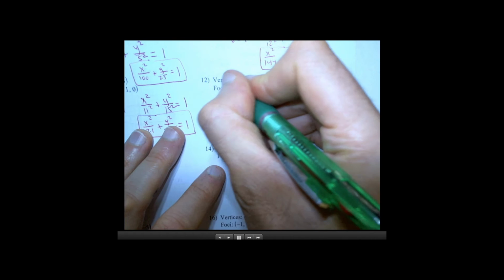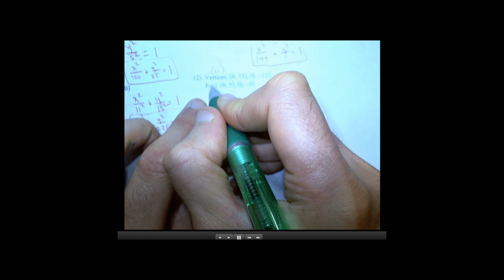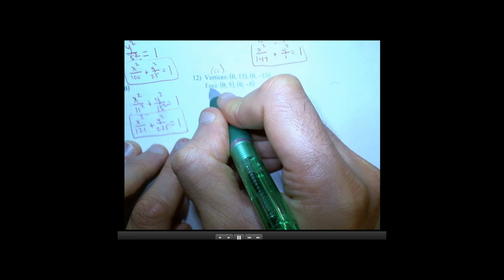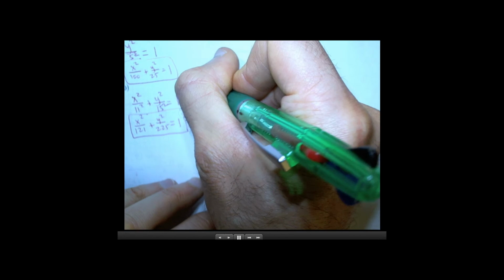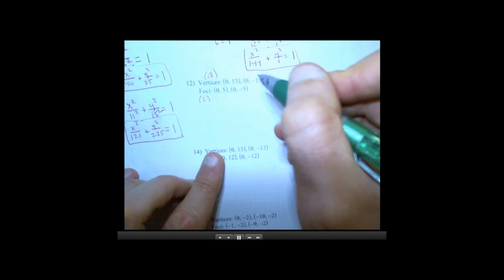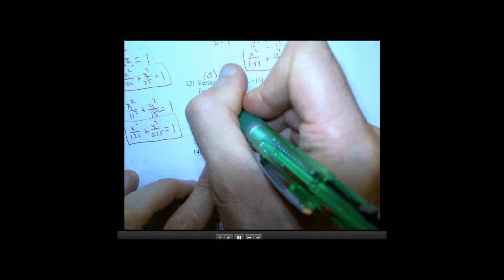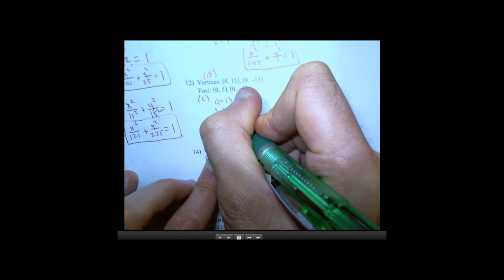Vertices, again, what letter does vertices represent? A. Now the foci is not the co-vertices, it's not B. What letter represents the distance to the foci? It is C. So now we know that A equals 13, B equals, we don't know, C equals 5.